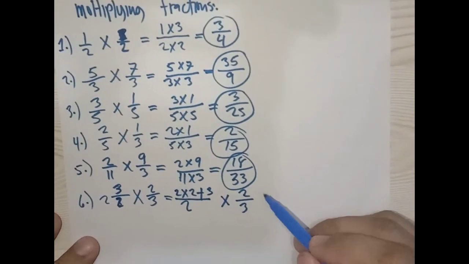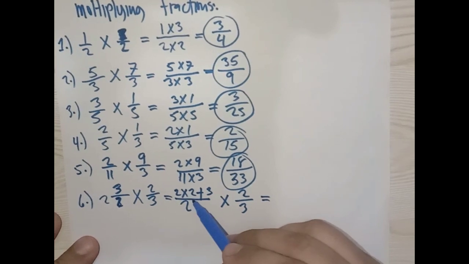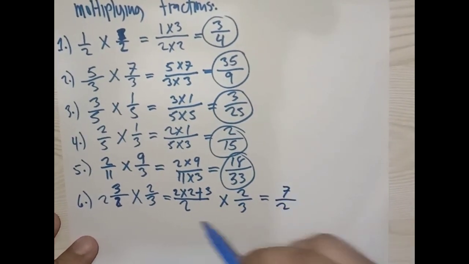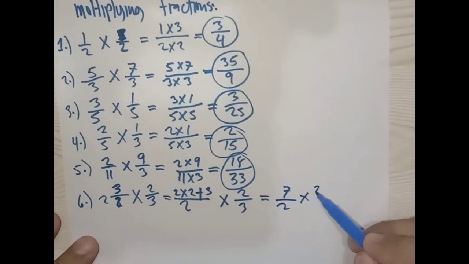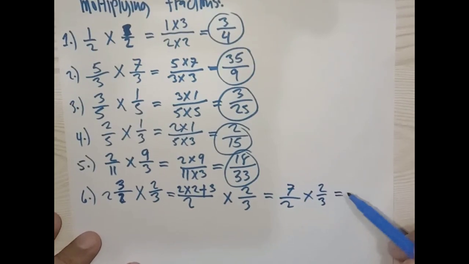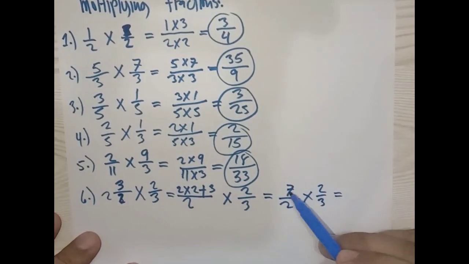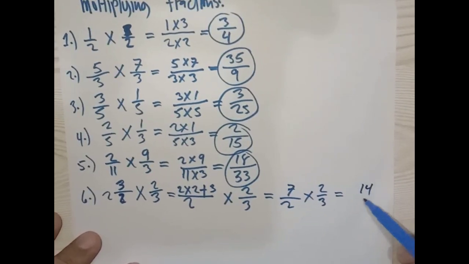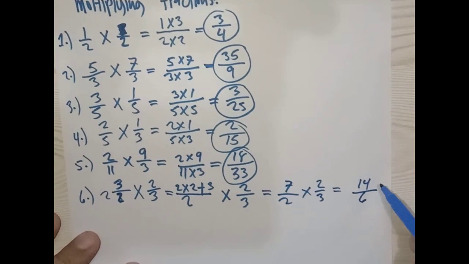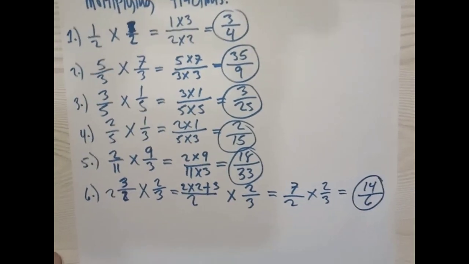So, we simplify this. 2 times 2 is 4, plus 3 is 7. 7, copy the denominator, times 2/3. Okay? So, simplify. Multiply the top: 7 times 2 is 14. 2 times 3 is 6. So, our final answer is 14 over 6.